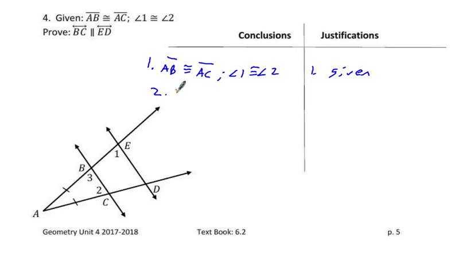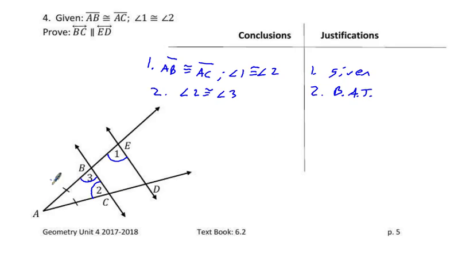We go to the picture and put that information on there. AB is congruent to AC. That was already drawn for us, but then angle 1 is congruent to angle 2 was not. So we'll add that information. Now, because this is an isosceles triangle, I know that angle 2 and angle 3 are congruent. So angle 2 is congruent to angle 3 because of the isosceles triangle base angle theorem.